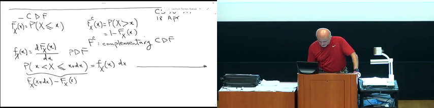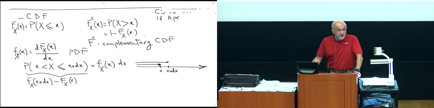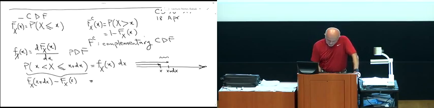Remember, we're looking at the real line. We have an x and we have an x plus dx. The first term is the probability up to x plus dx. The second term is the probability up to x. The difference of the two is the probability that x is in this tiny interval. And we define the PDF in this way.